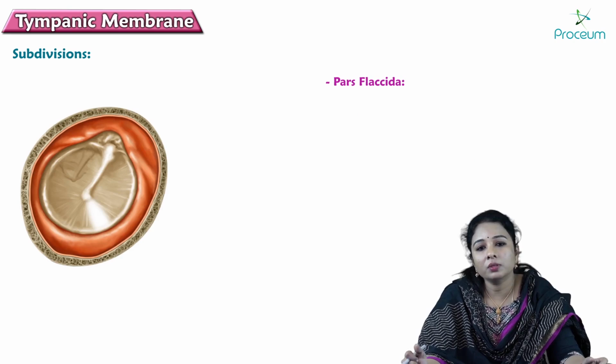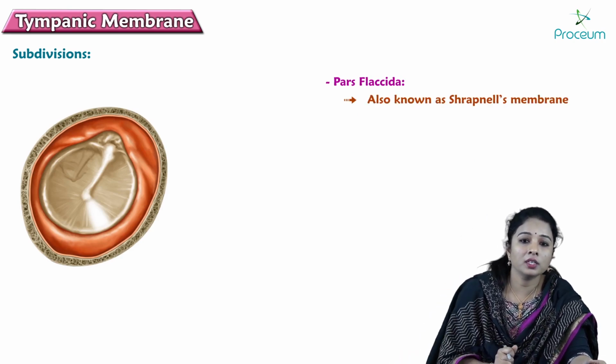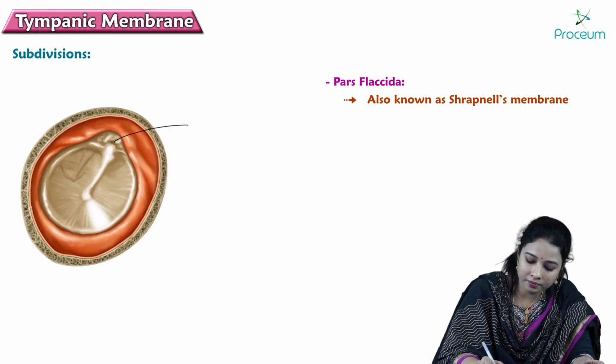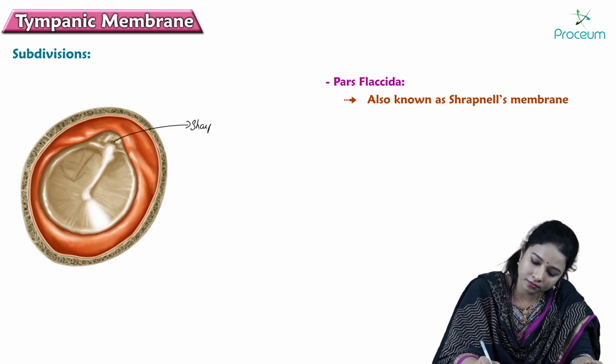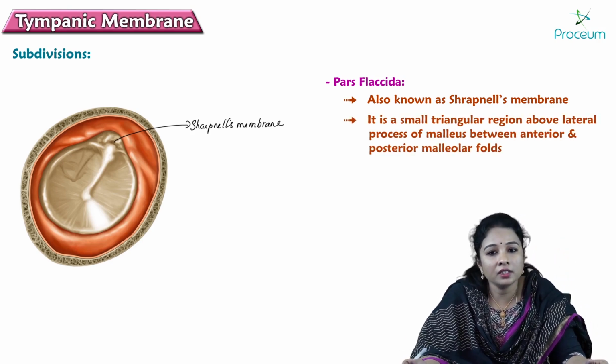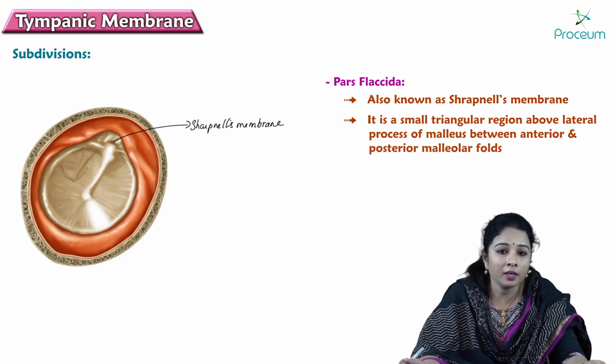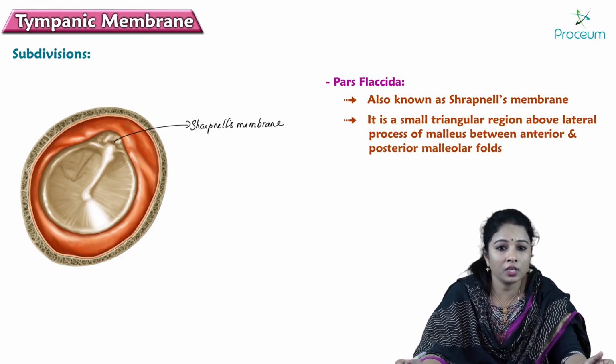So next about the pars flaccida. Pars flaccida is also known as Shrapnell's membrane. And it is a small triangular region where the lateral process of the malleus between the anterior and posterior malleolar folds are present.